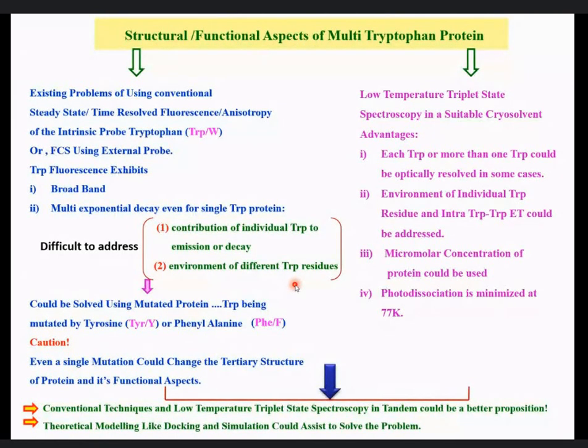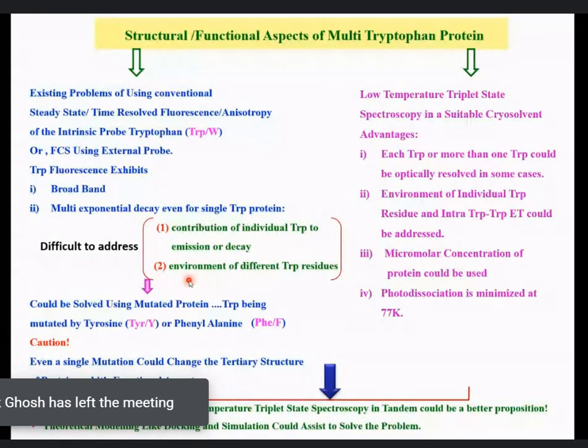Usually what people do is completely spectroscopy: either steady state or time resolved, then fluorescence correlation spectroscopy, or time resolved everything. But the problem is that all this is somewhat expensive, and in broadband fluorescence you always get a multi-exponential decay, so it is difficult to address what the contribution of an individual tryptophan to the emission is, and what the environment of an individual tryptophan residue is.